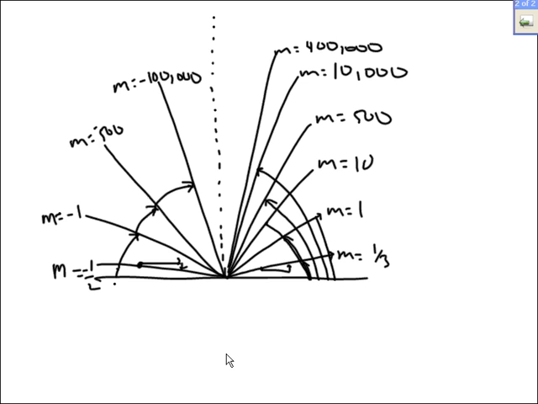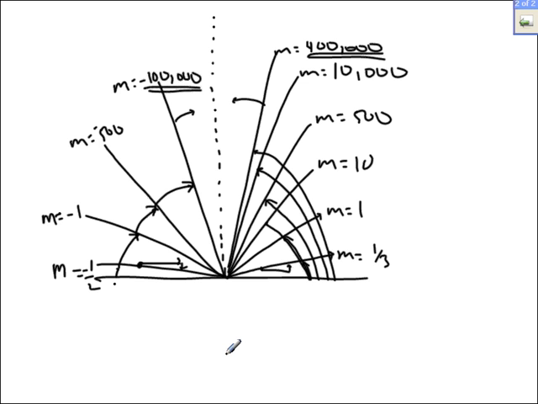I keep getting closer and closer to the vertical line. As I go closer this way, I get more and more negative. As I go closer this way, I get more and more positive. They're not approaching any finite number.